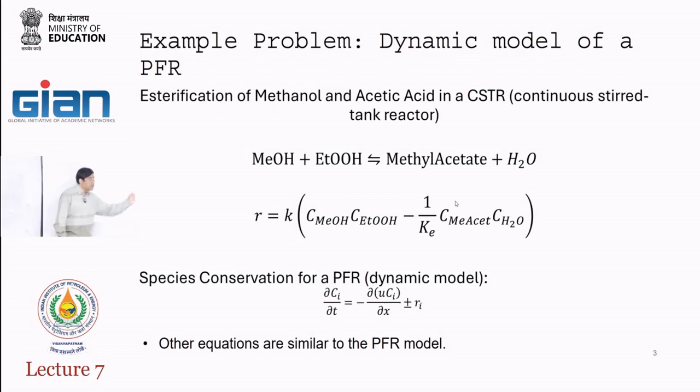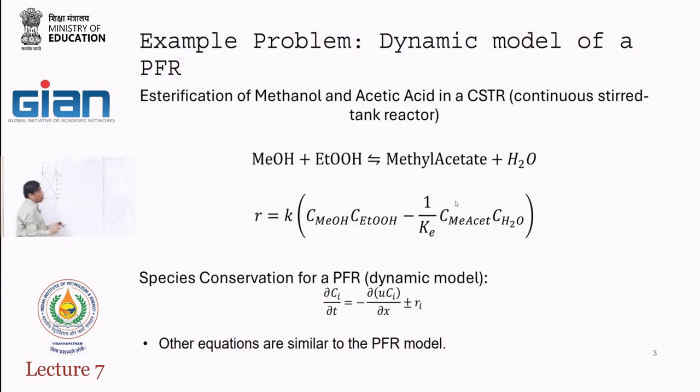Once it is done, this becomes an algebraic equation. But we are not losing the concept of space. If I have a plug flow reactor like this, when I am discretizing it, I am considering each of these locations.